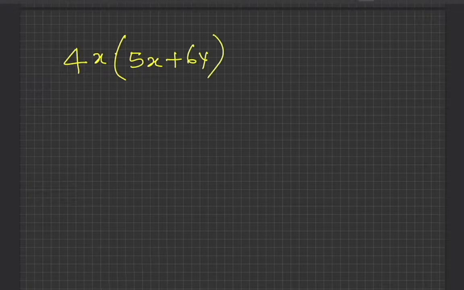Okay. Let's take an example. Let's say I have a monomial 4x, and then you multiply it with 5x plus 6y, correct?